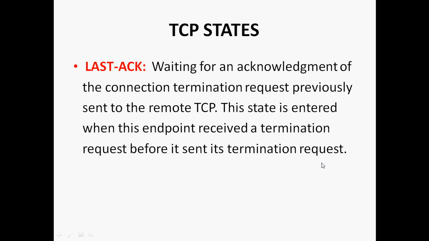So last acknowledgement means the server sends a FIN flag and the client will acknowledge. Now the client sends the FIN flag and the server should send the acknowledgement. So the client is waiting for the final acknowledgement from the server. At that time this state should be there, last-acknowledgement. These are the things I am saying in this slide.